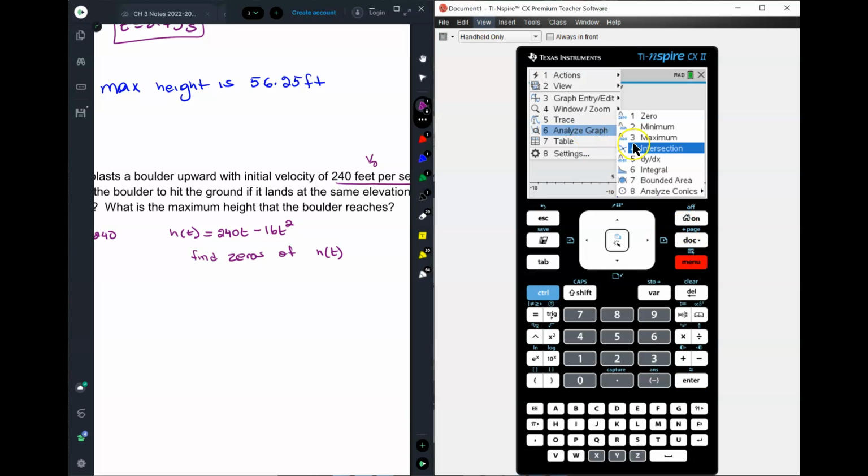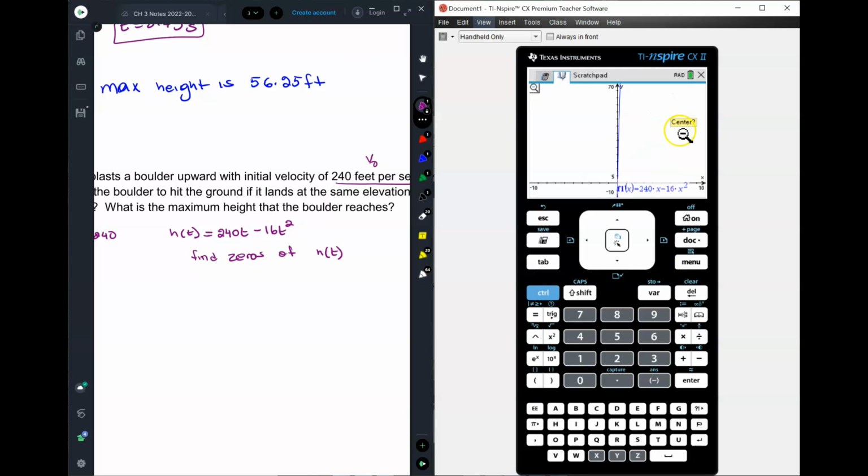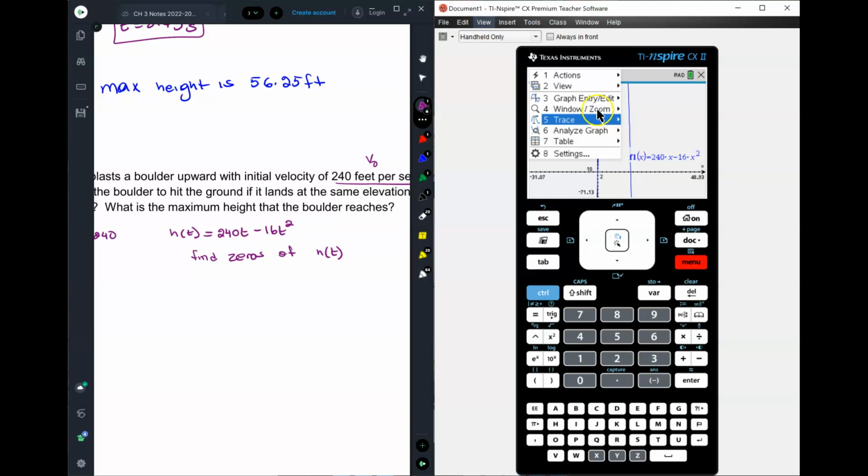Menu, analyze graph. I'm sorry, not window zoom. Let's zoom out. I'm going to center it here. Okay. So you see how, if I keep zooming out, it's going to make it so narrow that I can't even get in there and find the intercepts, right? So what I do instead, I escape. And so I go to menu, window zoom, window settings.